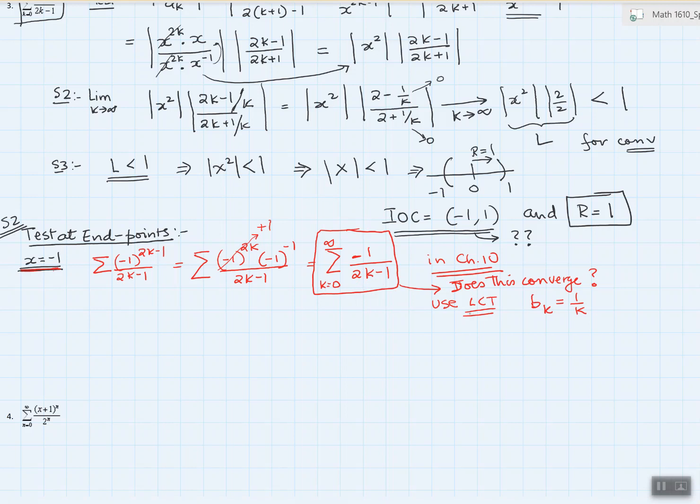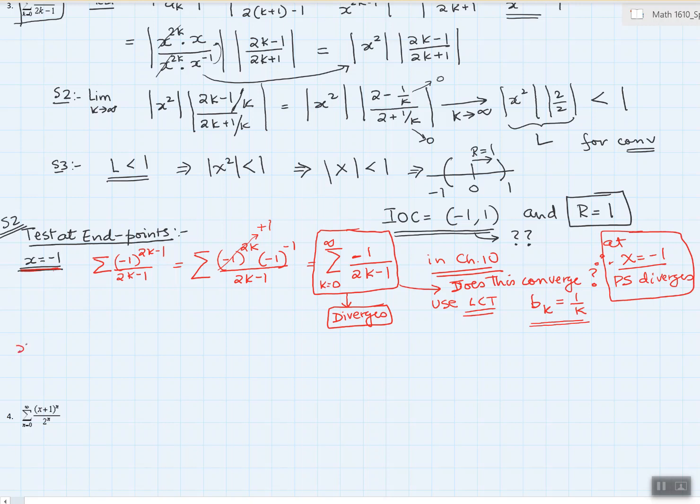So use the limit comparison test, use the comparison series to be 1 over k, and we will find that this diverges. So that means x equals -1 is not good. At x equals -1, the power series diverges. So that is the conclusion.